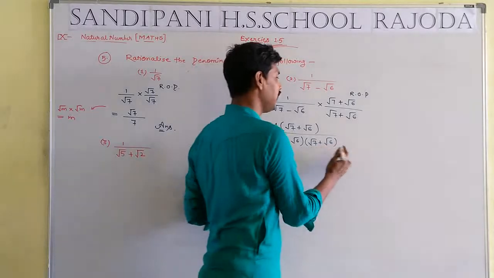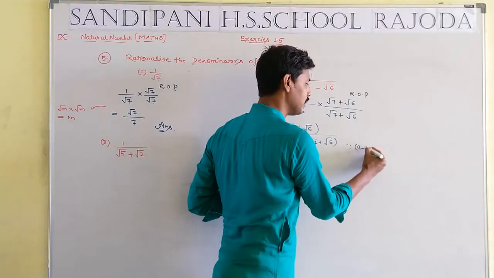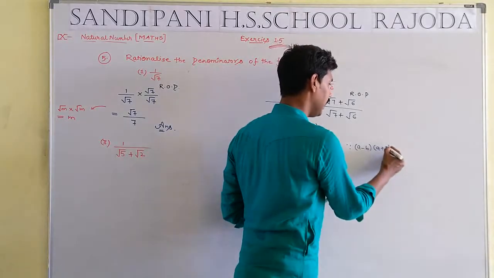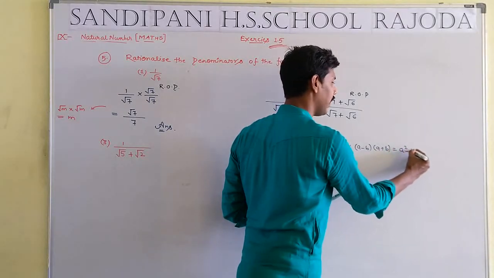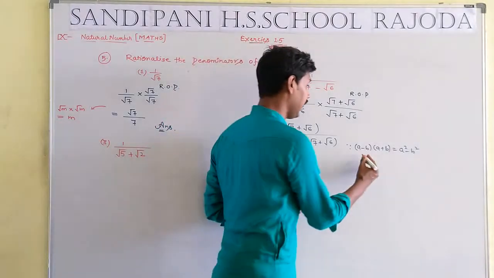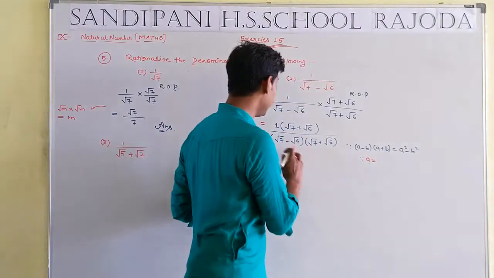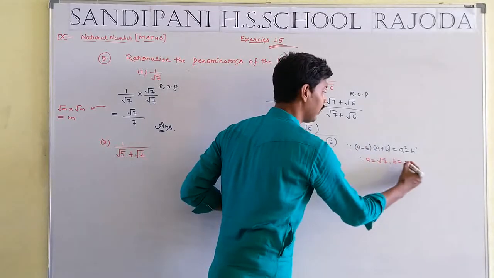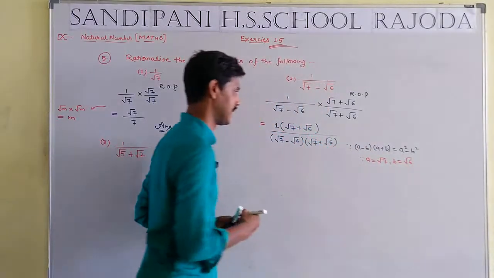A minus b multiplied by a plus b, that means a square minus b square, where a will be equivalent to root 7 and b will be equivalent to root 6.